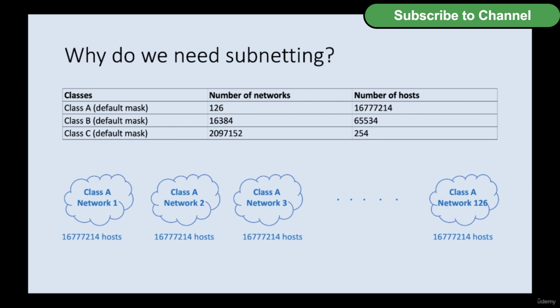Each cloud represents a class A network, and these are a total of 126 clouds representing 126 class A networks, and each of them has 16 million hosts, while class B has about 16,000 networks and each of them has 65,535 hosts. Similarly, class C has about 2 million networks and each of them can have 254 hosts.